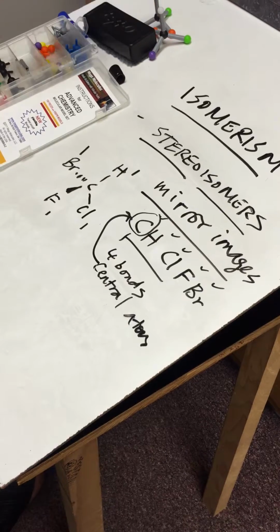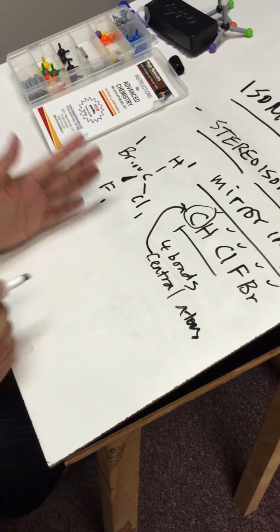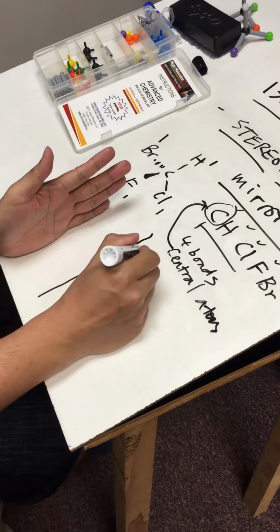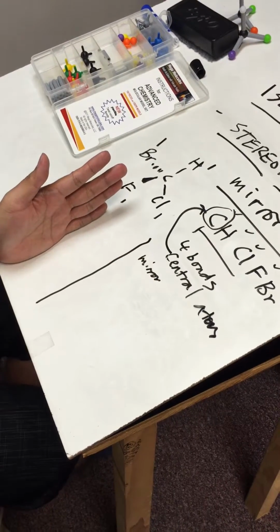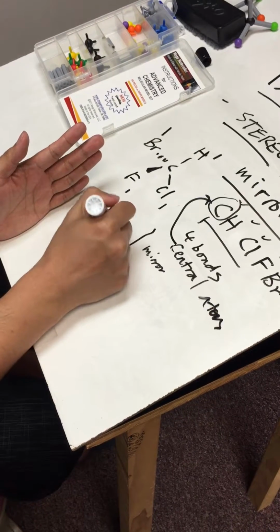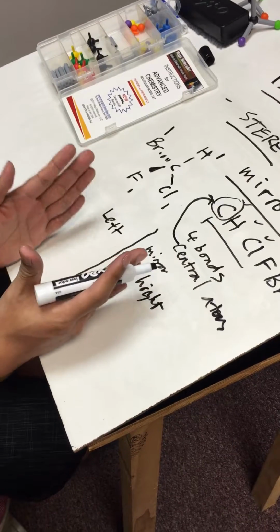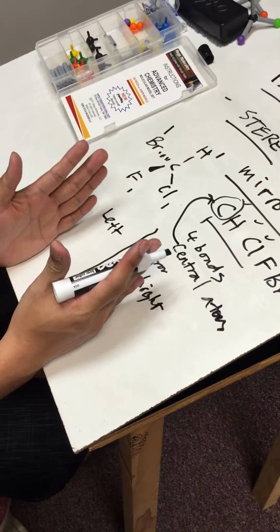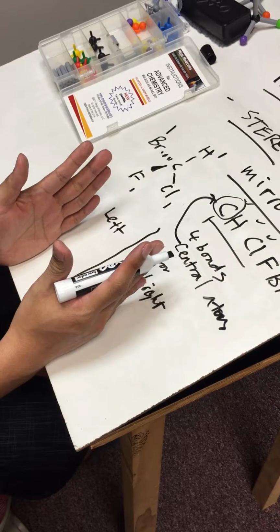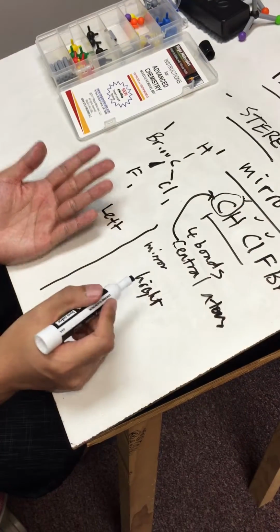This is my left hand. If you put a left hand in front of a mirror, you're going to see your right hand, right? Your left hand becomes your right hand in the mirror. So we call your left hand and right hand mirror images of each other.